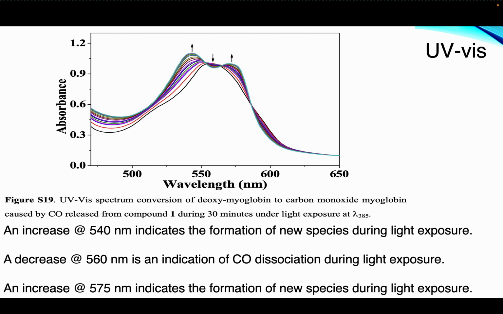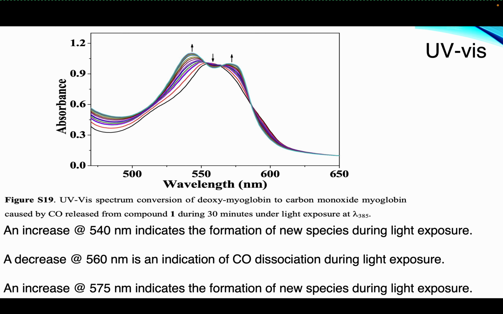The UV-vis spectroscopy was done during the blue light exposure at wavelength 385. With complex 1, there was a conversion of the deoxymyoglobin to the carbon monoxide myoglobin.